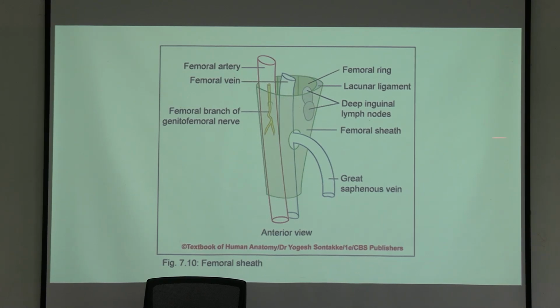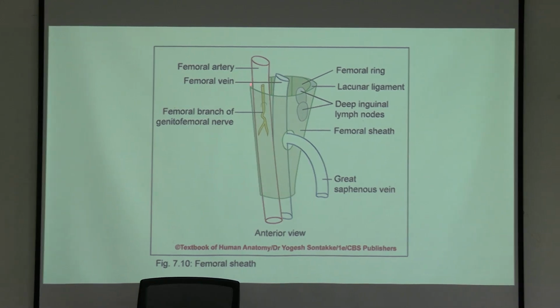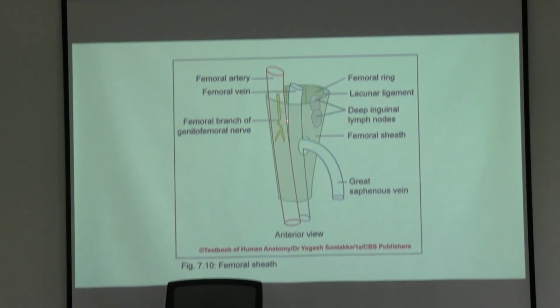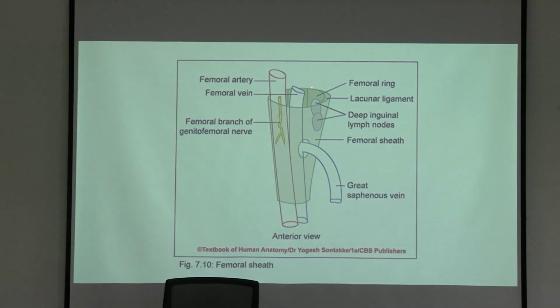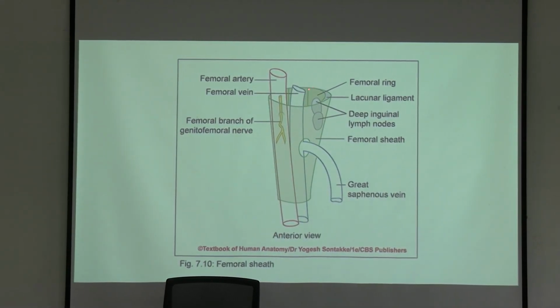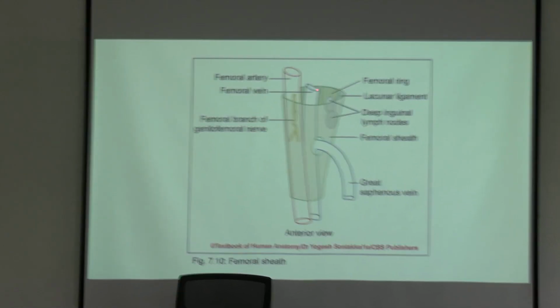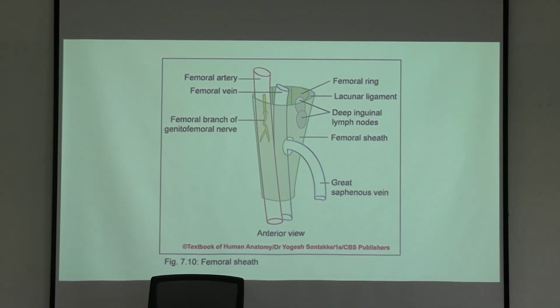Okay, so the base of the lacunar ligament demarcates the medial boundary of the femoral ring, and whereas you can see another septum which is coming from anterior to posterior. There are two septa. You can see one is medially and one is laterally, which divides this compartment into the arterial compartment, venous compartment and lymphatic compartment. Okay, so this femoral ring is bounded laterally by this septum and medially by the base of this lacunar ligament.